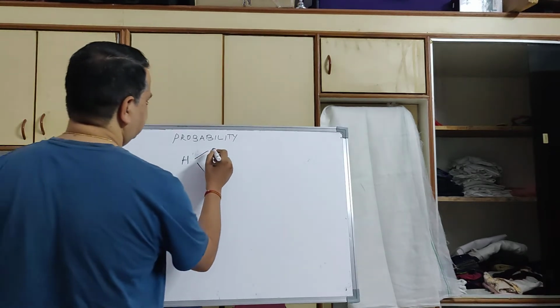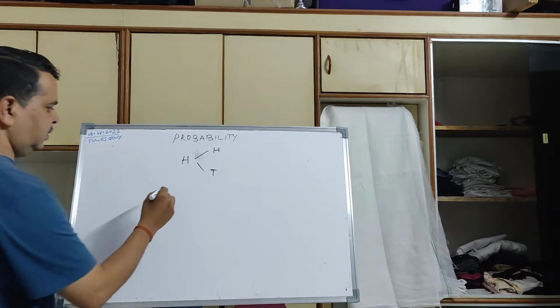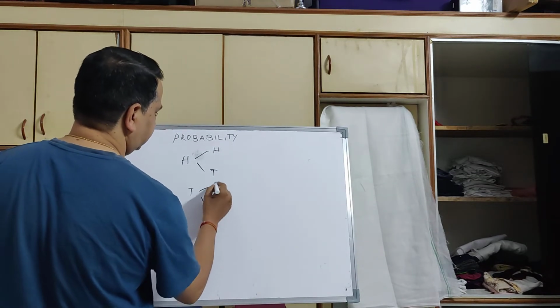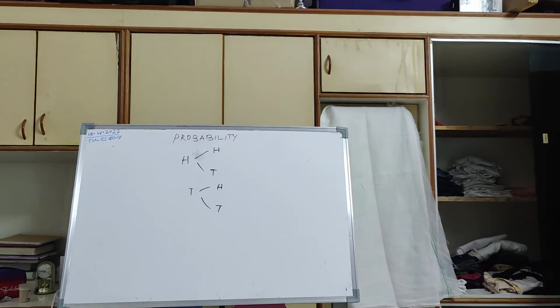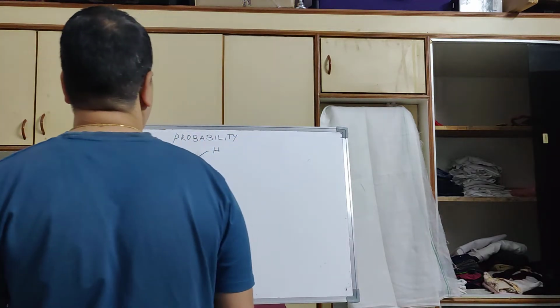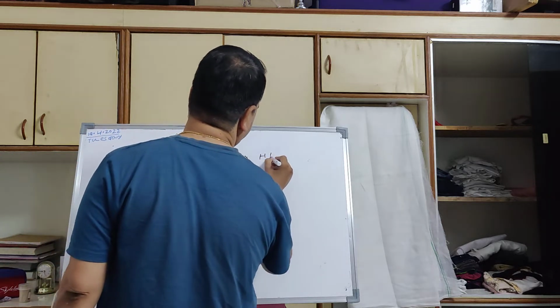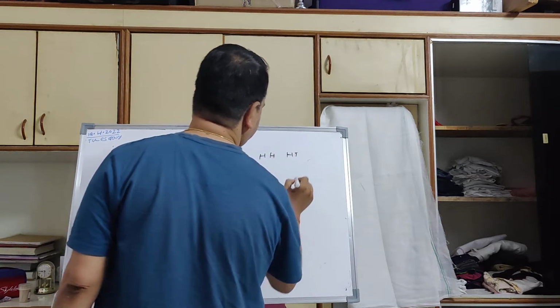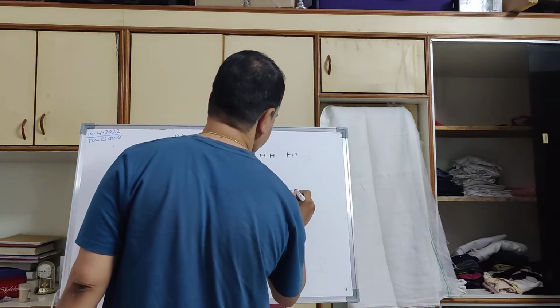First one is head, second one can be head or tail. First one can be tail, second one can be head or tail. Here the outcomes will be HH, HT. Here the outcomes are TH, TT.